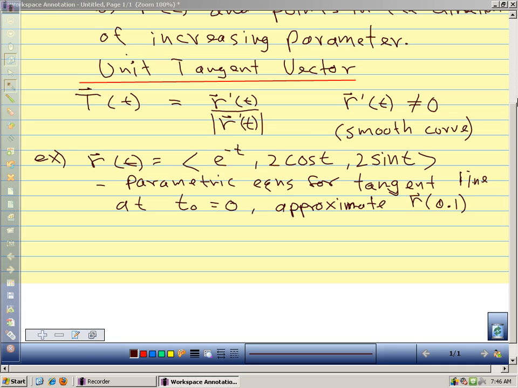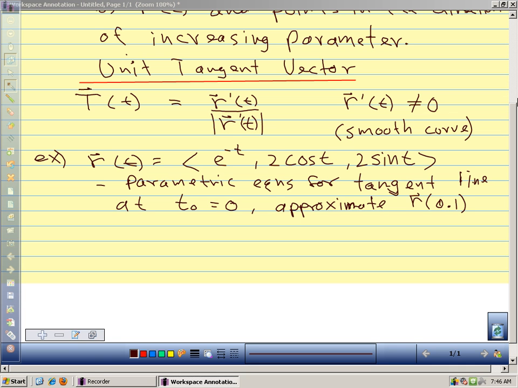So as t increases, it's going to circle, like the spring is getting stretched out. Near t equals 0, the i component is going to be very small, so it's less stretched, like a stretched out spring.